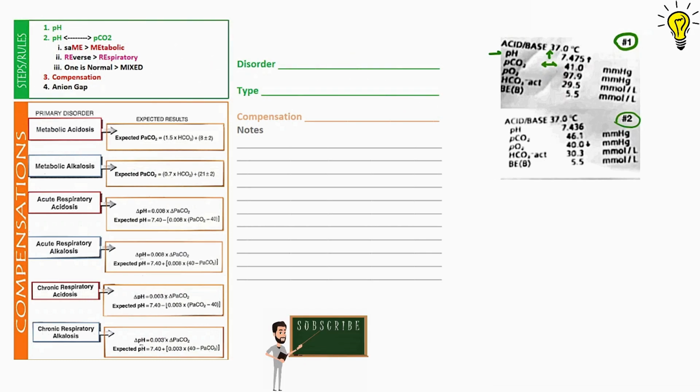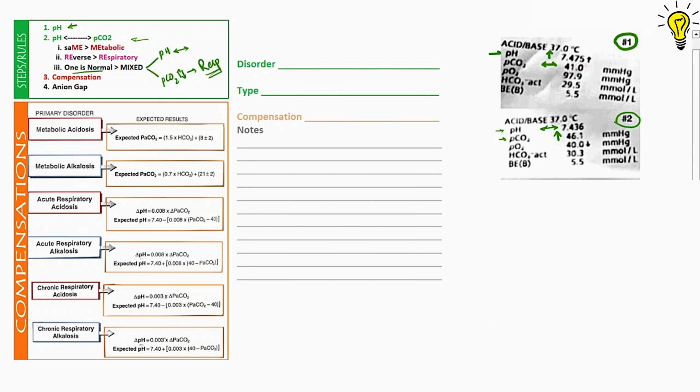What about the second ABG here? Now pH is normal, 7.43, whereas carbon dioxide is upgoing. So when pH is normal and carbon dioxide is changing, the direction of carbon dioxide will indicate the primary issue. So here carbon dioxide is upgoing, meaning mixed respiratory acidosis with metabolic alkalosis. Get it?